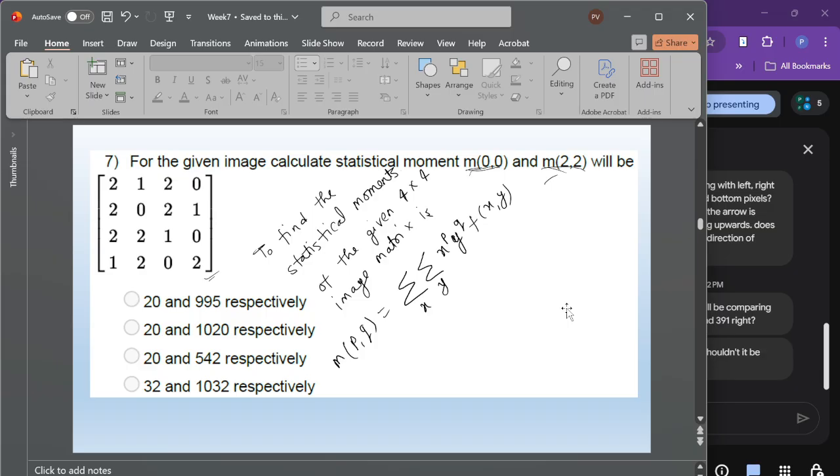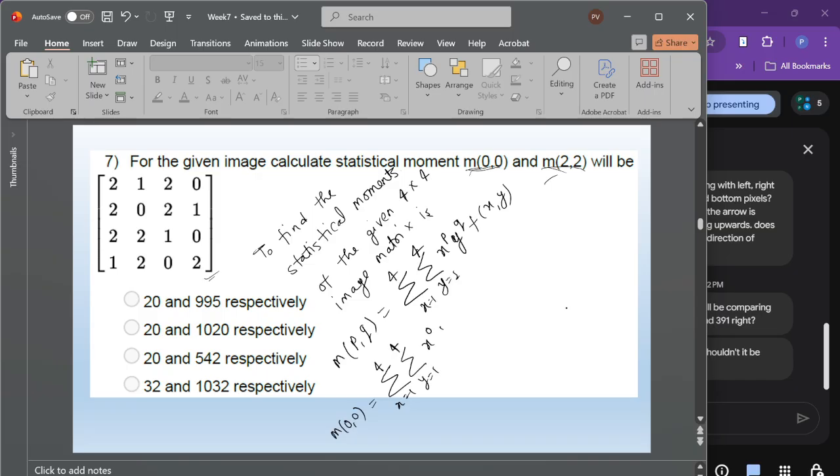Okay, so first here we will find out M00. So what will be the values? So here x is 1 to 4, right? It is a 4 cross 4 matrix. So 1 to 4, and y is equal to 1 to 4.